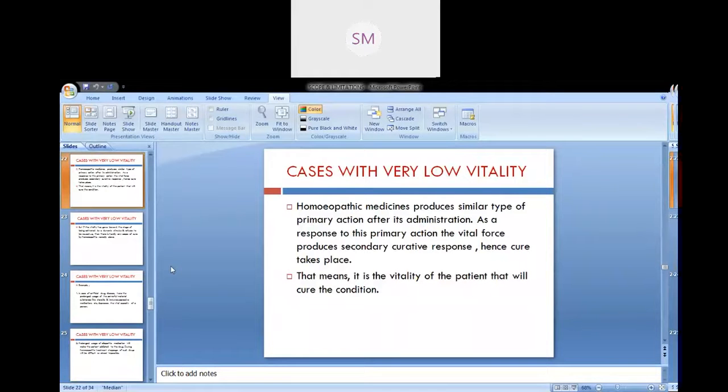So the cure is possible because of the secondary curative response of the vital force, the vitality of the patient. That means it is the vitality of the patient that will cure the condition.